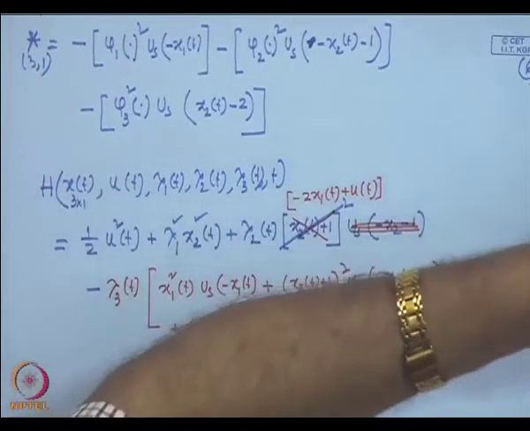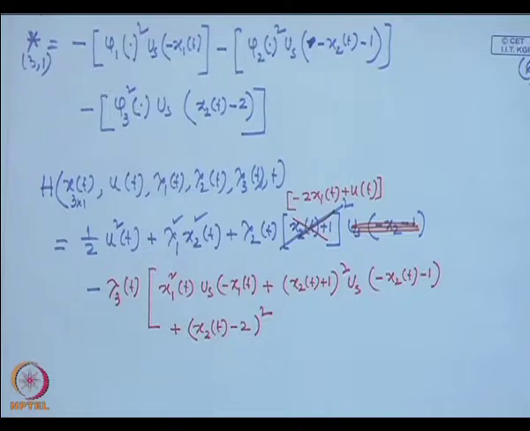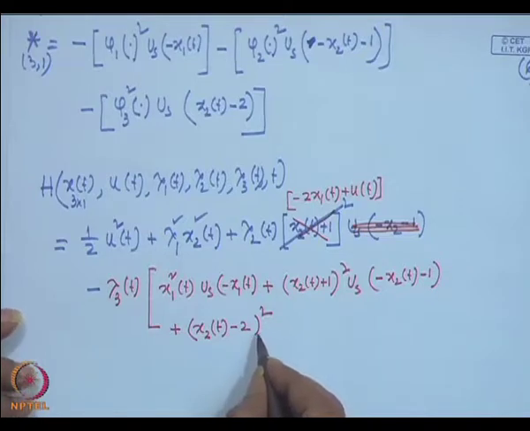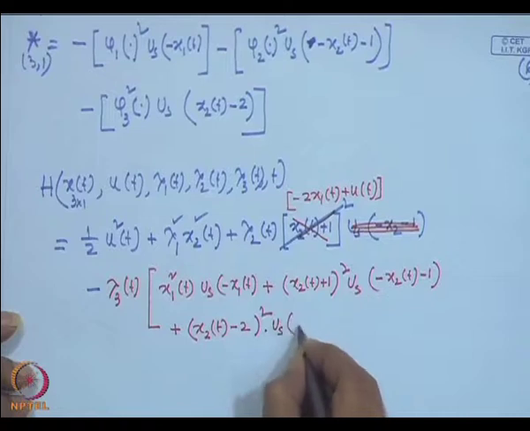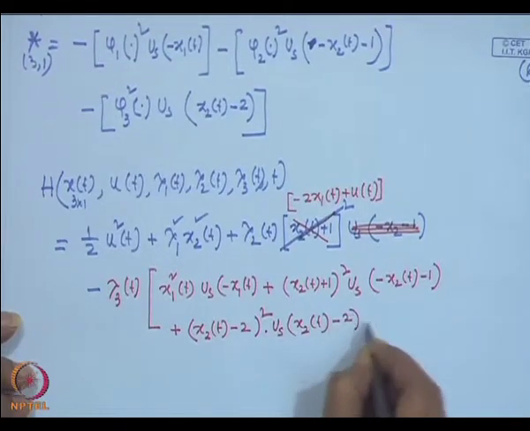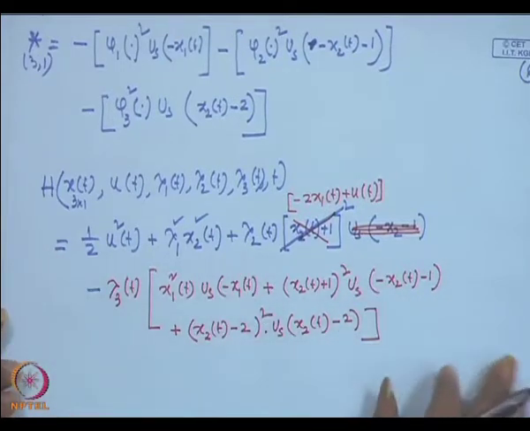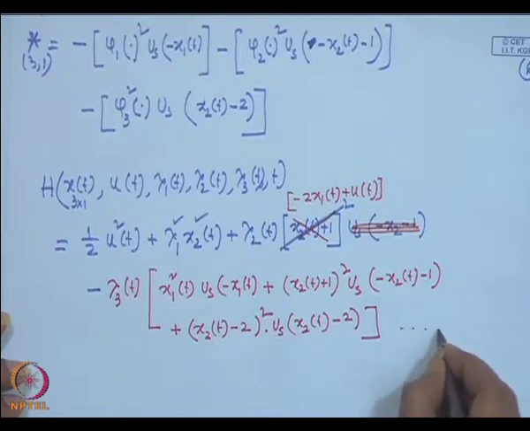See our equation, x2 minus this square into u s x2 of t minus 2. So this is the Hamiltonian function we have written. Now, let us call that the equation number 8.